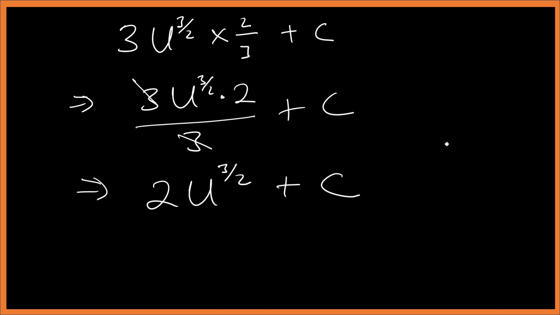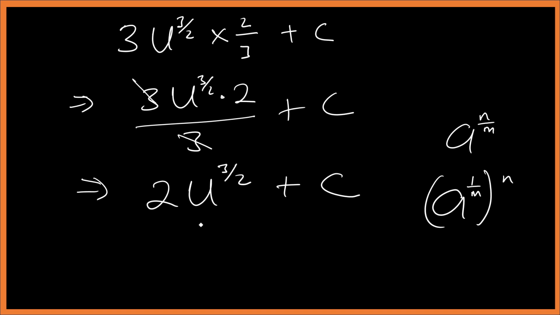Now, when you are given a to the power n over m, it is the same as a to the power 1 over m, all raised to n. This is where fractional indices come in: the nth root of a, all raised to n.